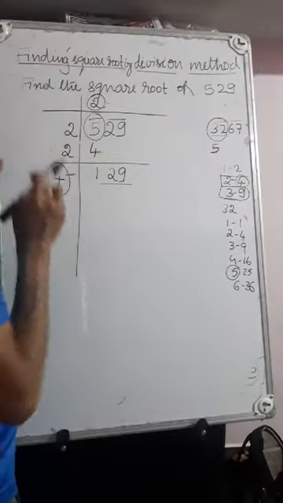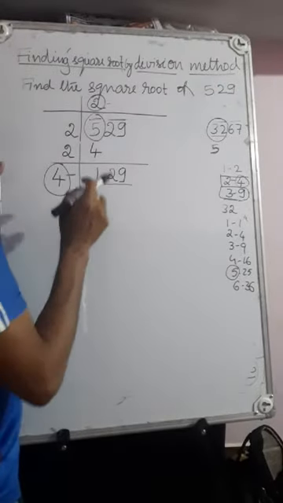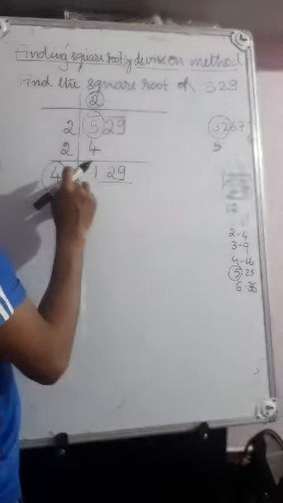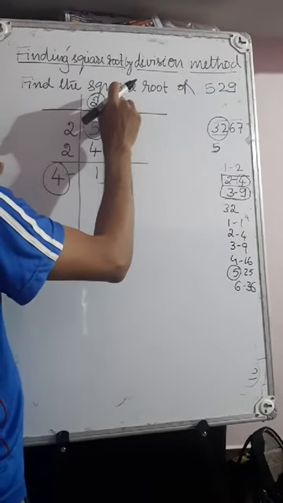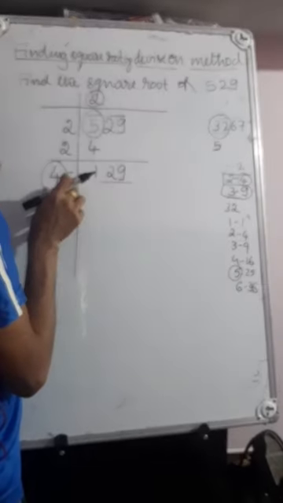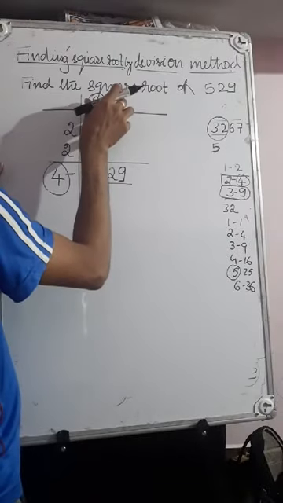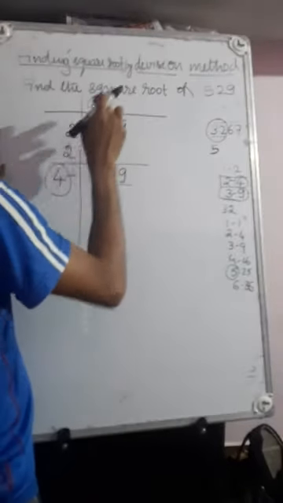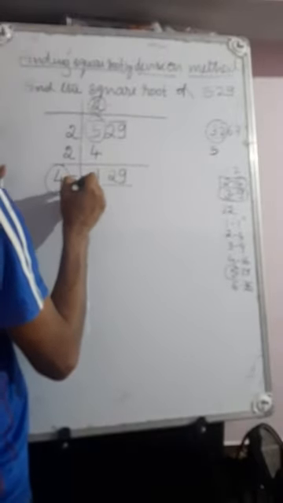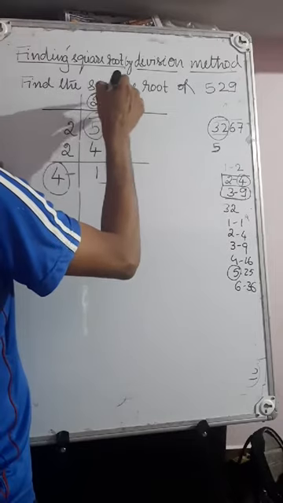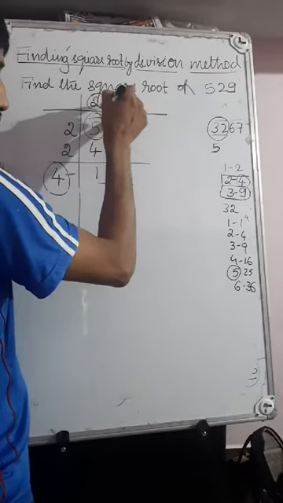Now this is the old divisor, this is the old quotient. Now what happens when I consider a number in this blank which can also be considered here in the quotient? Then I get a new divisor as well as a new quotient. Now 4 is here, 2 is here. If I write 1 here, then it becomes 41, and here also 1 only.